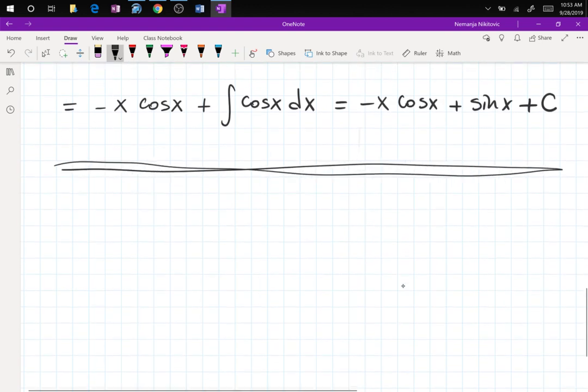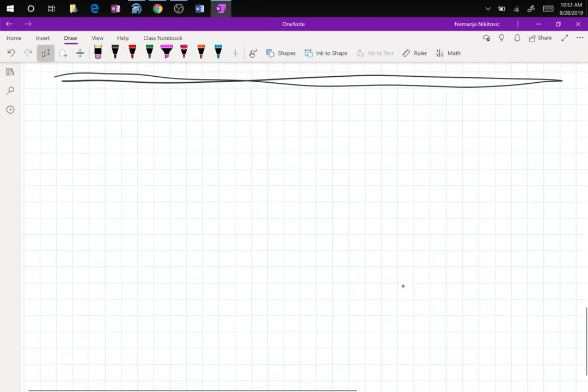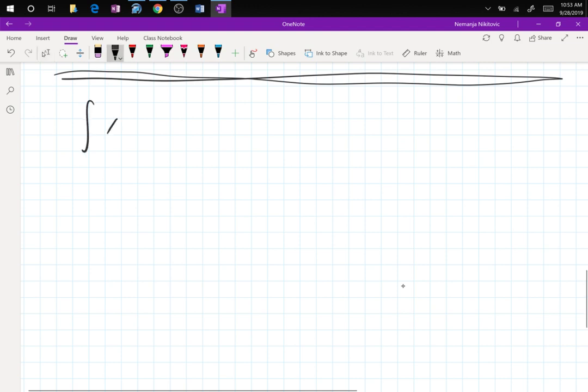And so I'm going to give you the same problem with ease. So the integral of x e to the 3x dx. You are supposed to set up u dv, compute du and v, and I really want you to follow the same steps, except you have e instead of cosine.